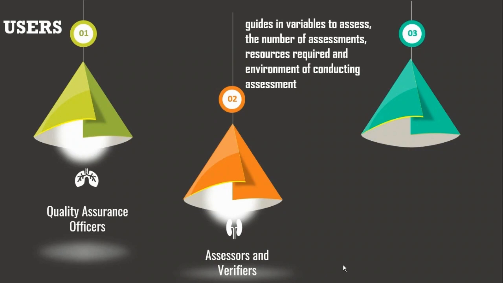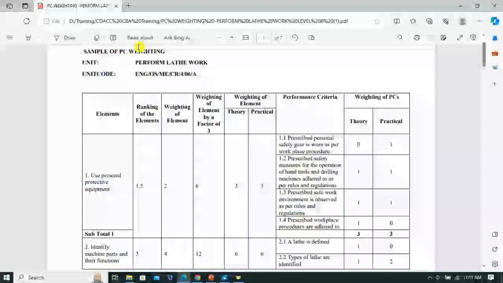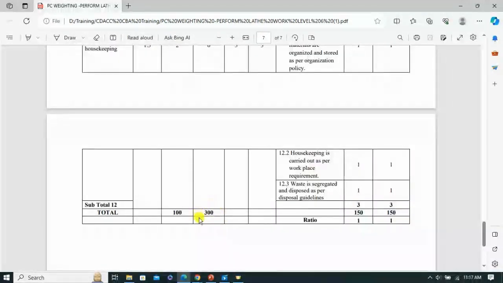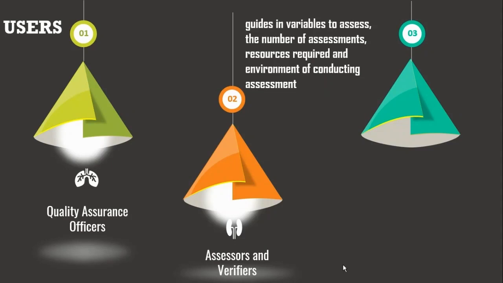So, as assessors and verifiers, we'll be using this document to provide those guides on specific resources that are needed, and the number of assessments, which we will look at when talking about performance criteria weighting. So how many assessments do you need to conduct, resources, and the context in which the assessment will be conducted.